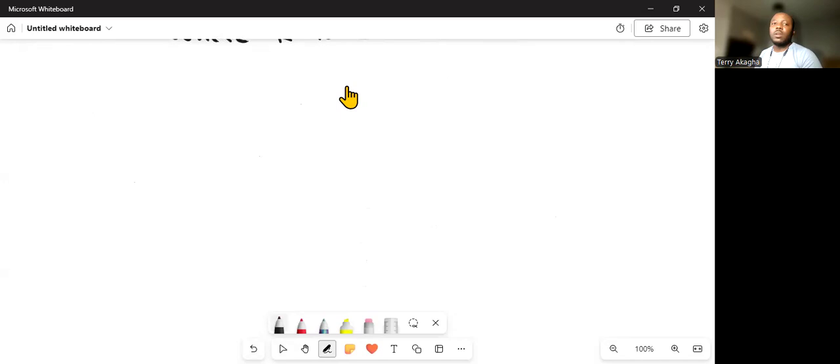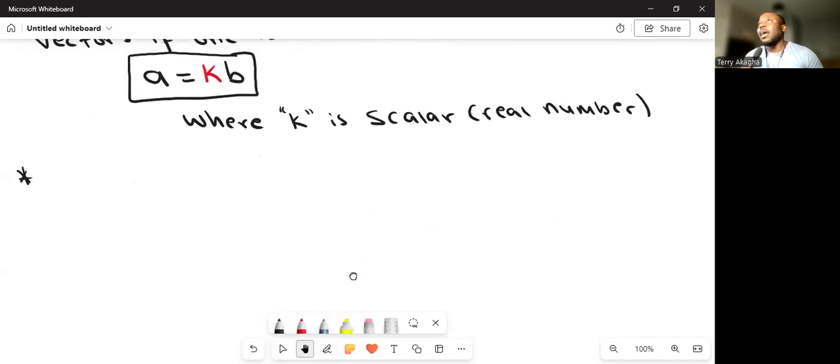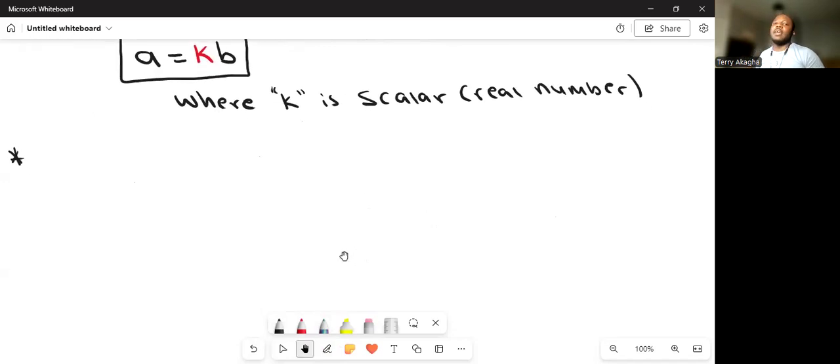So the next one is, now that we know K, we can analyze the value of K we have here. So how do we analyze it? If K is positive, if K is negative, if K is 0, it can tell us what type of parallel vector that is. For instance, if K is positive, it means that A and B are in the same direction.